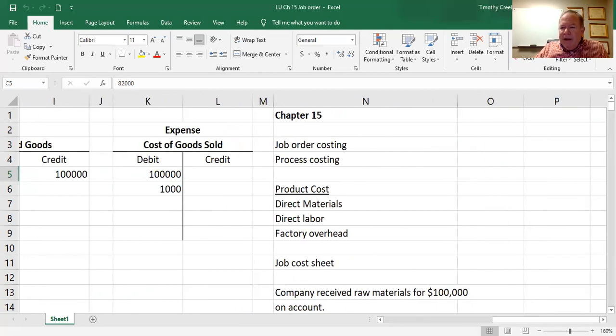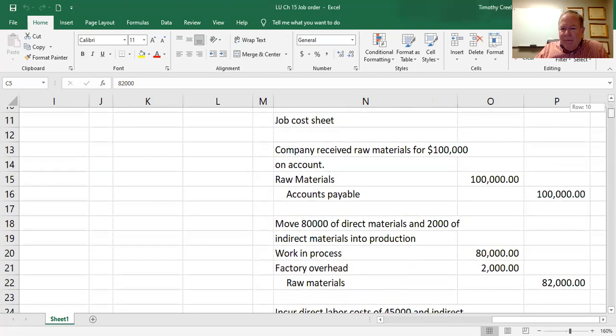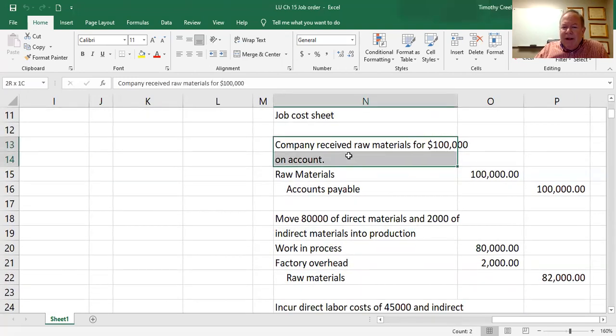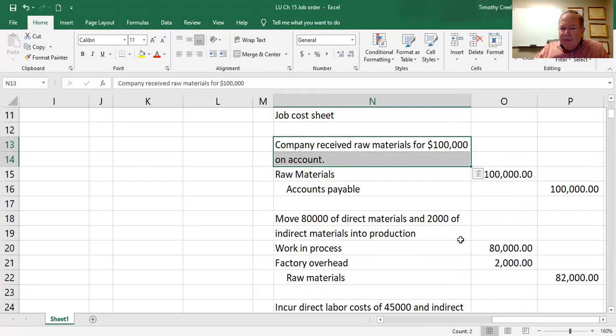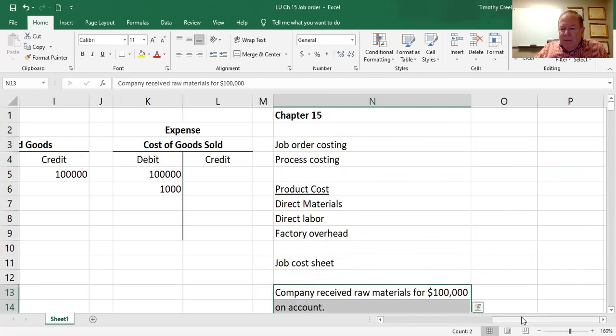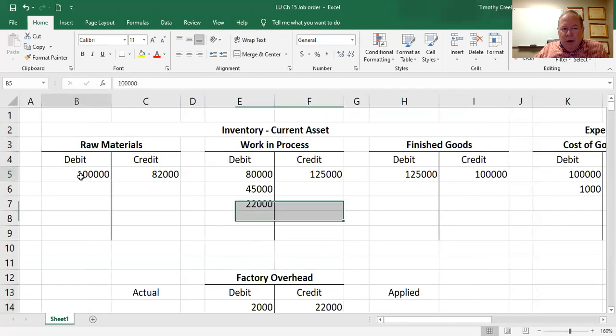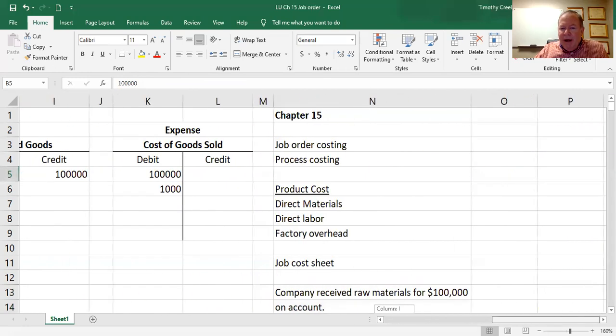So let's say that a company received raw materials for $100,000 on account. And so basically what we would do here is it would go into raw materials because we received them, and we got them on account.